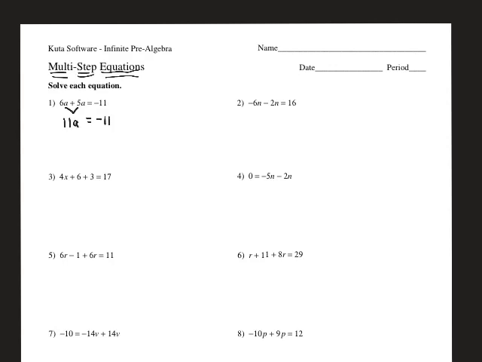So now if you can imagine with me, I have 11 variable rectangles. Now it's 11. And it equals 11 red, because they're negative, little units.